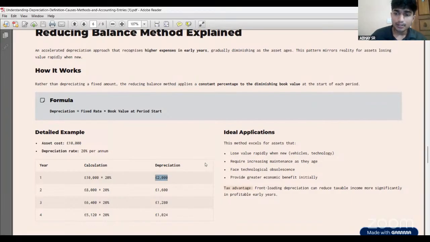So the advantage that the reducing balance method provides is that it provides a higher amount in the early years. Later on, the depreciation amount reduces. As depreciation is a non-cash item, it provides a higher amount initially. The cash flow is not affected, but the profit is.